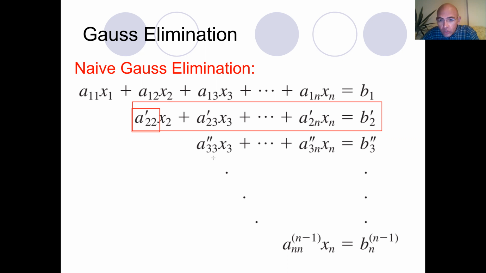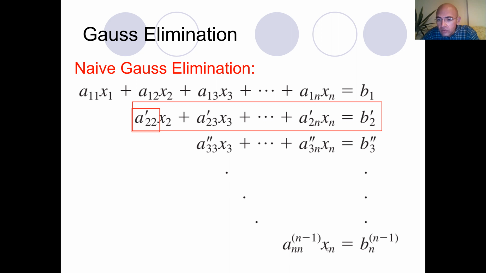It will be the same for the third equation. You eliminate the terms related with the x3 from the rest of the system, and you go like this. And finally, you end up with an equation. The last equation becomes an equation with a single term, xn.